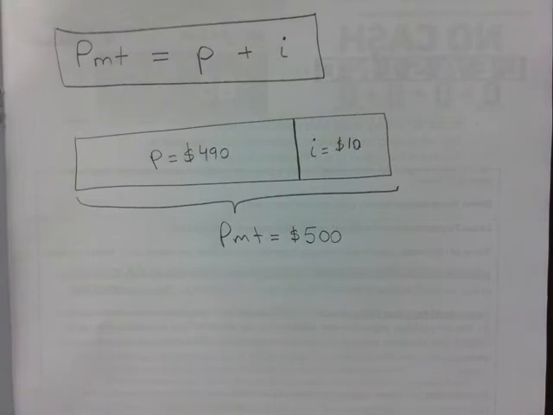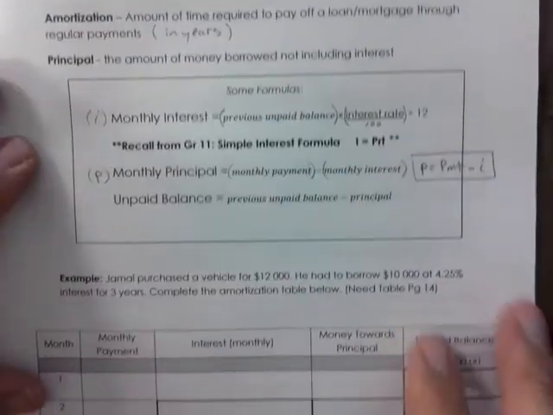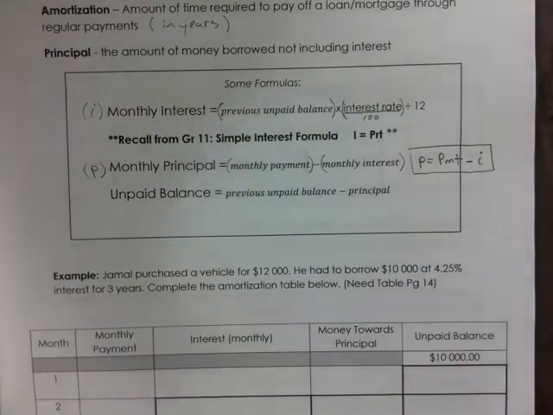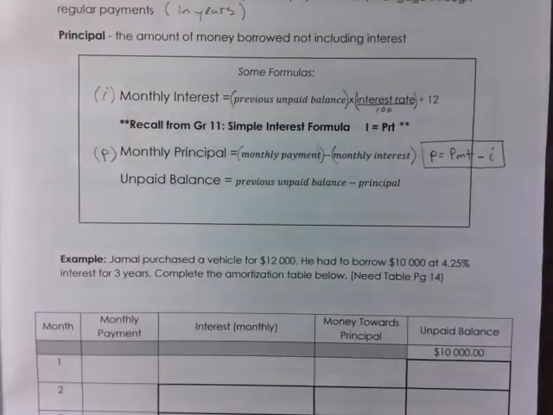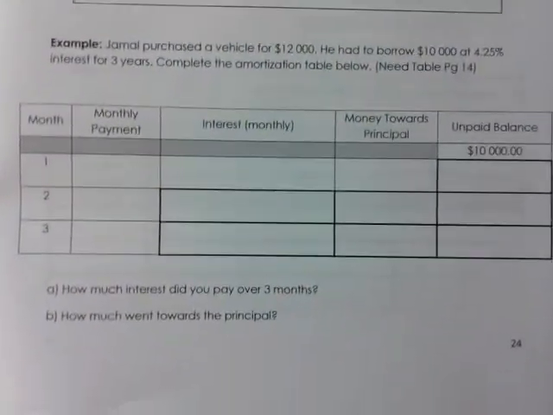Because a lot of folks think that when they make that $500 payment, all of it goes towards bringing down the loan, and it's not true. The bank makes money. You can see that I'm a bit too passionate about this, because I want you to be smart consumers.